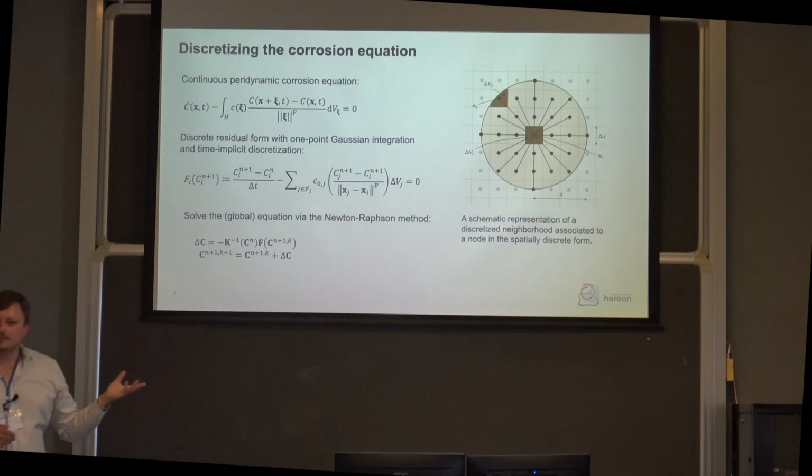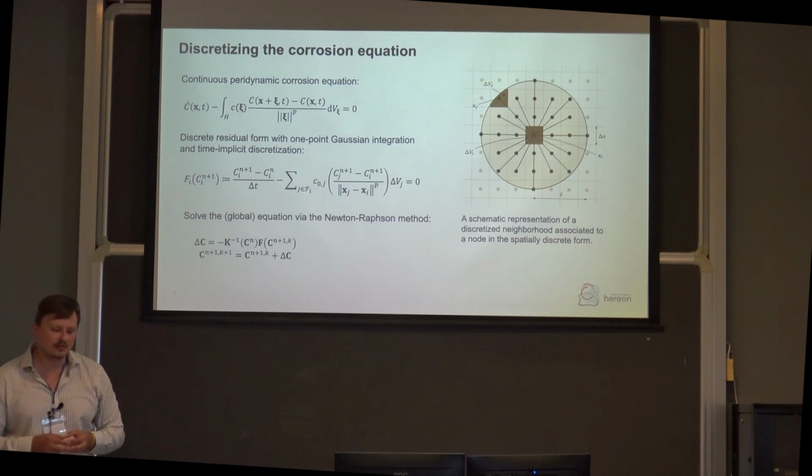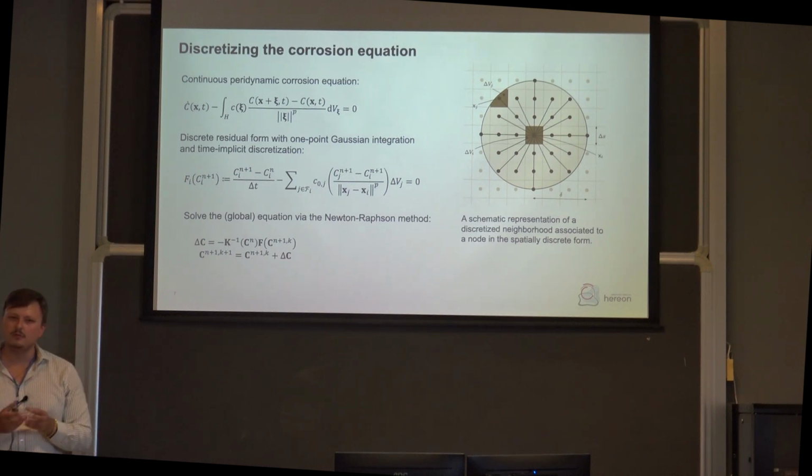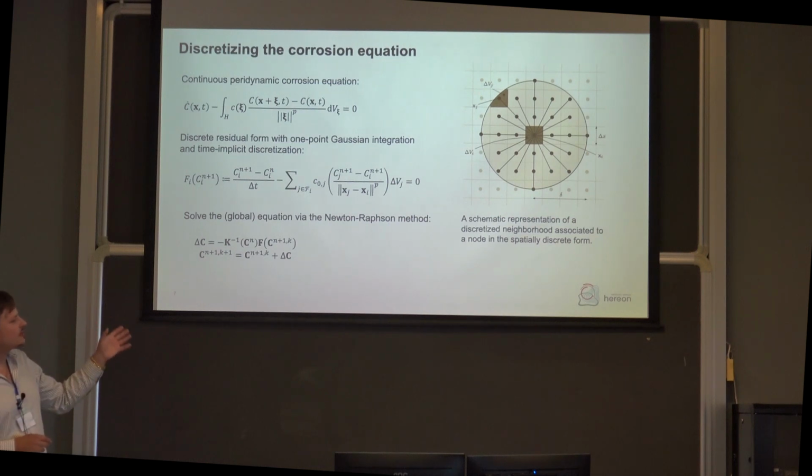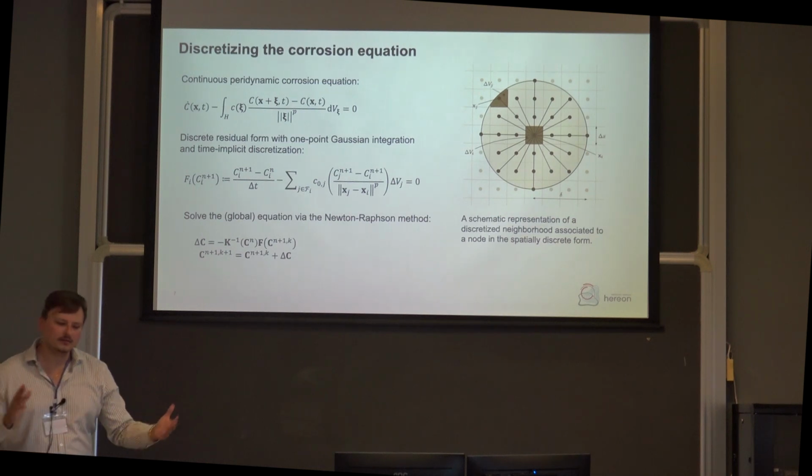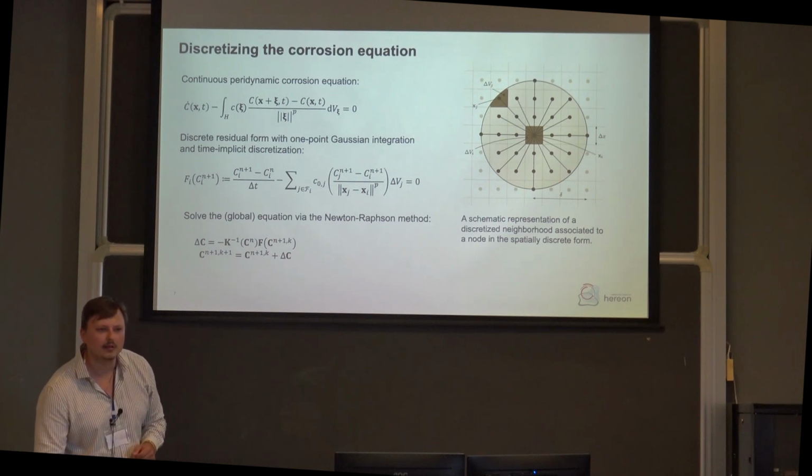You can also use explicit methods. Explicit methods are useful if the corrosion duration, for example, in pitting corrosion in salt water, is rather small, within seconds or maybe minutes. Then you can use explicit formulations, but for problems like this where you have biodegradation, usually we are considering periods of weeks, maybe months. So we have been using the implicit formulation here.